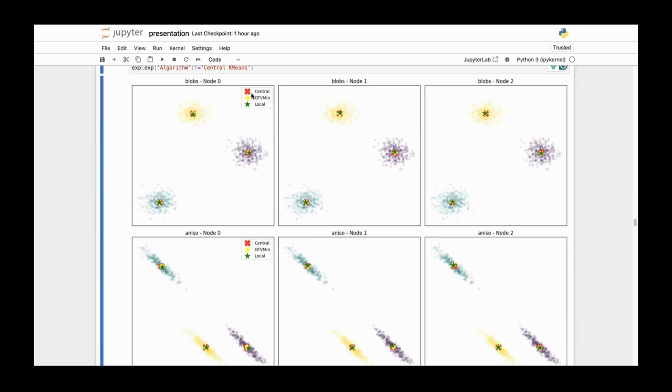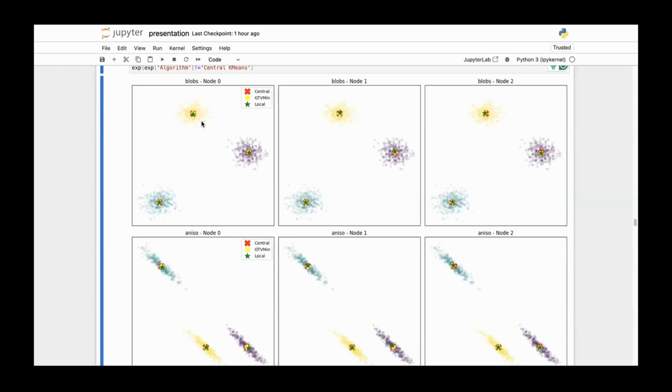We run k-means on pooled dataset. And the yellow dot is our method. The green star is local k-means, which is each device runs k-means independently without any communication.